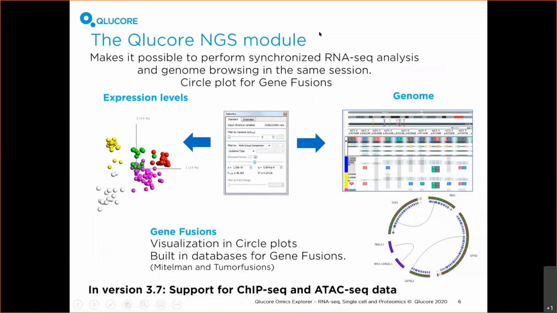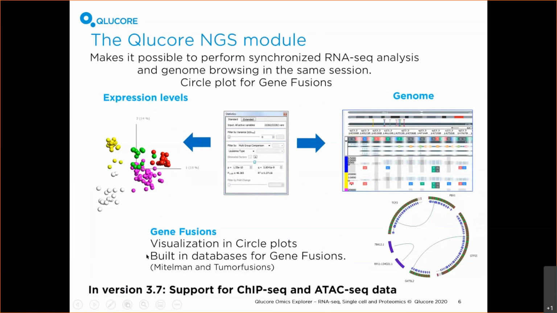Then we have one separate module, which is the NGS module, which contains a genome browser. If you're interested in having a closer look at your genes, look at the actual sequence, you can visualize that in the genome browser and look for variants.